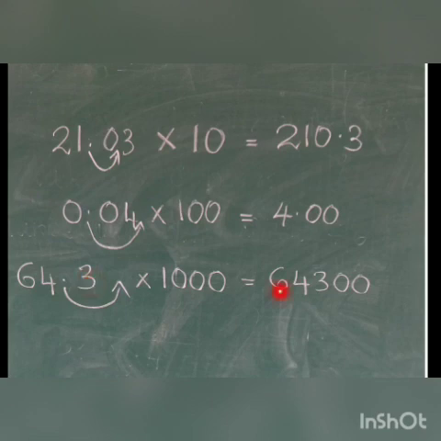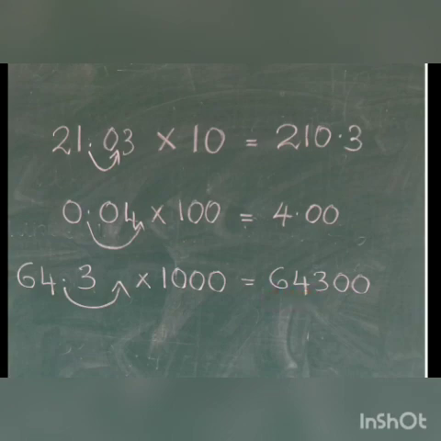So what do we get as the answer? 64,300. Here after 3 we don't have places, isn't it? We need 3 places, and only one is there, so we added 2 more zeros. So we got 3 places and the point comes here. Here we don't need to put the point because there is no number after that. So the answer is 64,300.